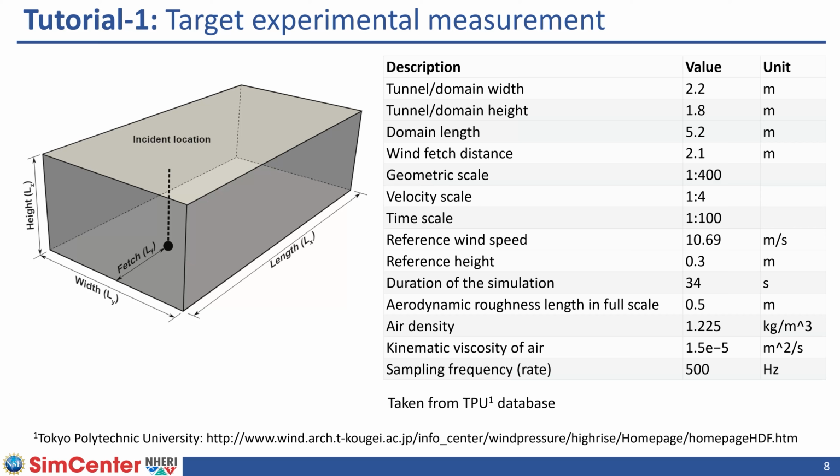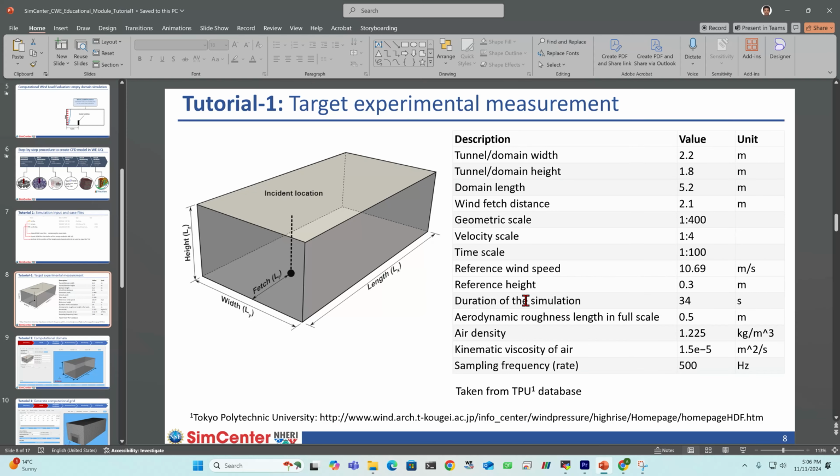So we are planning to use pretty much the same conditions used in the experimental measurement so that we can compare our results with whatever measurement data we have from the wind tunnel test. So now let's go directly to WeUQ and see how we can recreate this CFD model.